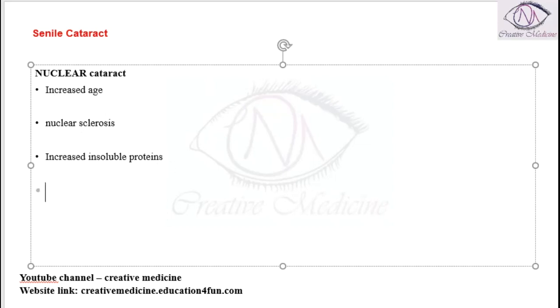Along with insoluble proteins, there is also deposition of melanin and urochrome pigments. Because of this deposition, the nuclear sclerosis or nuclear cataract which is seen is of different colors.